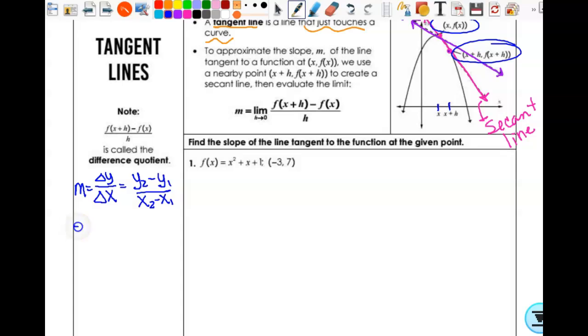All right, so then if I'm going to find the slope of my pink line over there, my y2 is going to be f of x plus h minus y1, which is f of x, over x2, which is x plus h, minus x1, which is x. Okay, so you understand how I got that from my picture, yes?